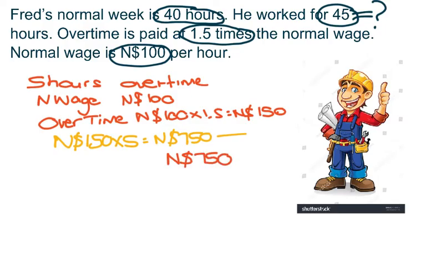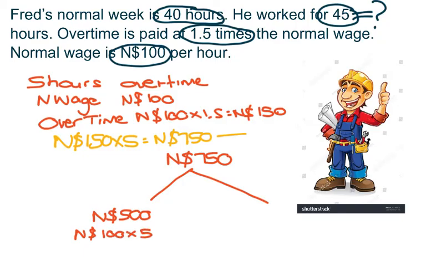All right, how much of this is related to a normal wage, and how much of this is now related to the premium? So the normal wage for 5 hours will be $500. How did I get that? I simply took $100 times 5. All right.